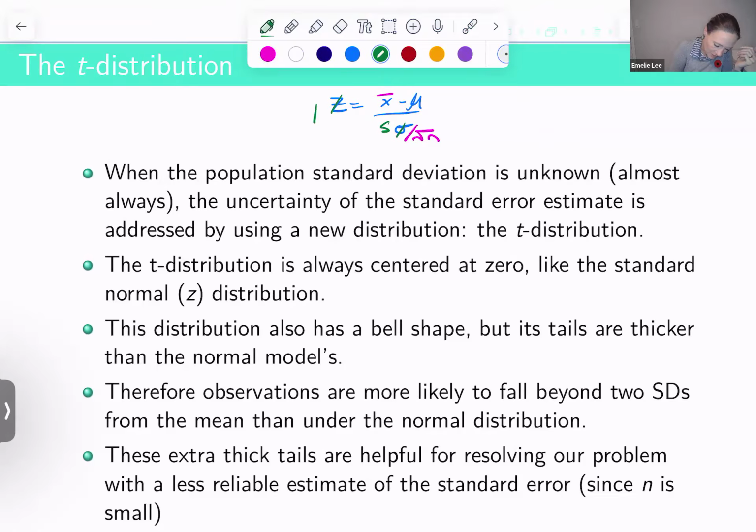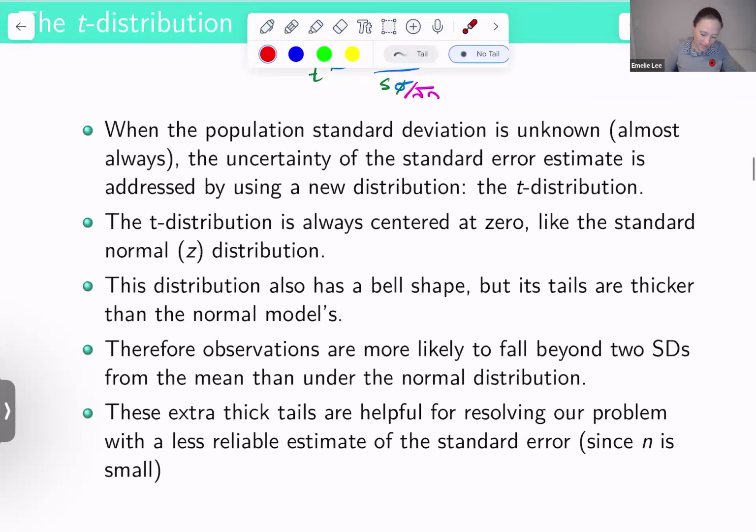But what that does is it turns my Z into a T. They'll be definitely related, Z and T. They'll look very similar and behave in the same way, which is nice. The T distribution is always centered at 0, just like Z. The distribution also has a bell shape, but the tails are thicker. I've got an image on the next slide, I think.